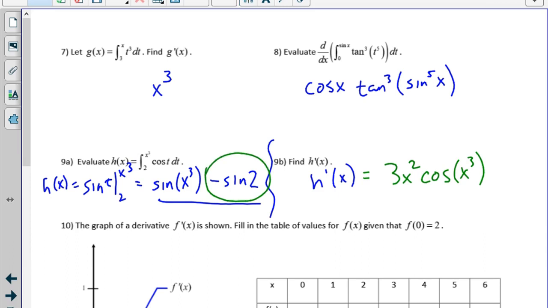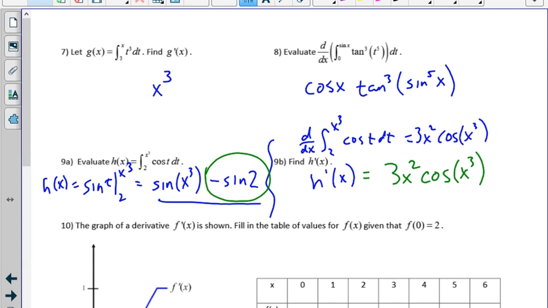If we didn't do all of this, we could have just done the fundamental theorem of calculus in order to get straight to part B, because the derivative with respect to x of the integral from 2 to x cubed of cosine t dt would be just cosine of x cubed, and then we have the chain rule, which is 3x squared. So we could have got that a shorter way.